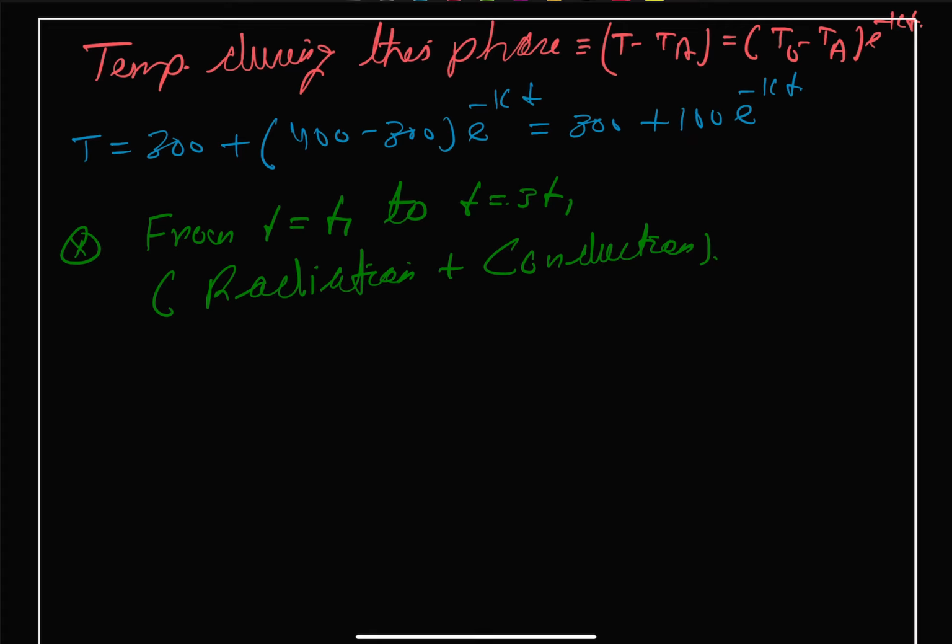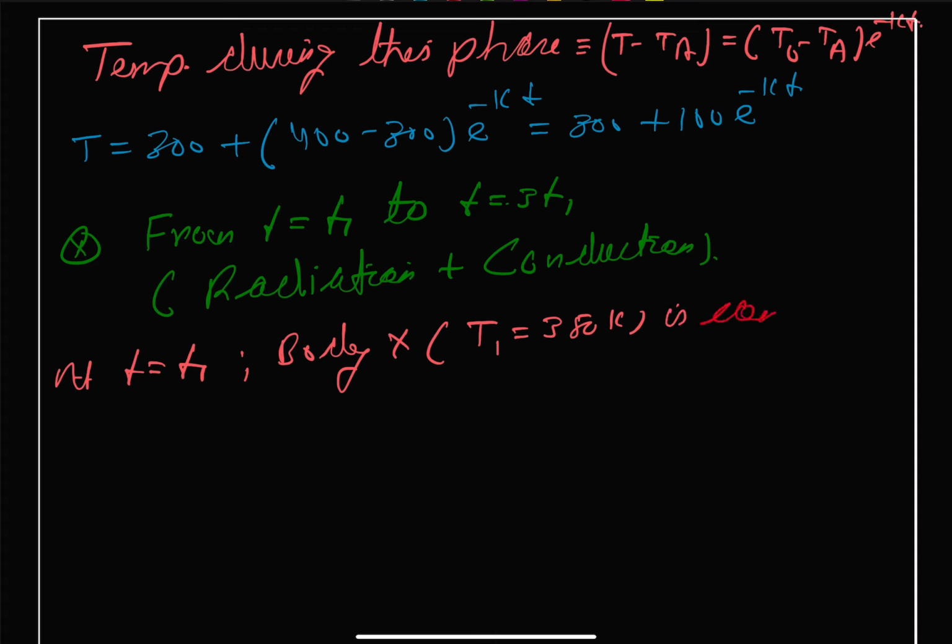And at T equal to T1, our body X, which has a temperature of T1, which is 350 Kelvin, is connected to body Y, which is at atmospheric temperature, that is 300 Kelvin.